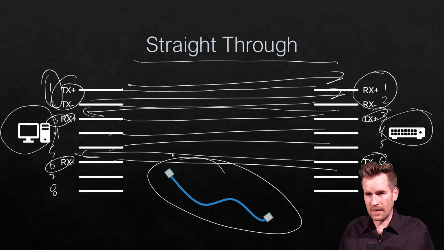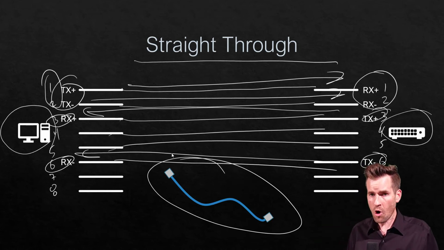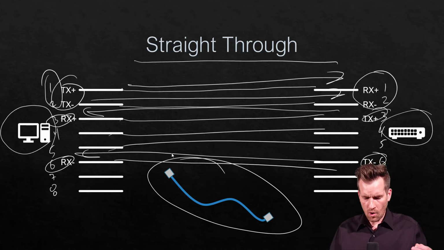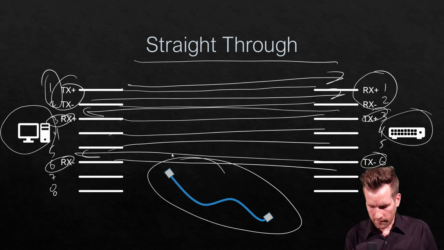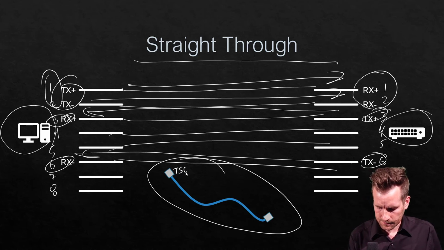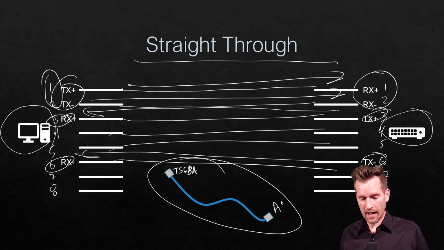We talked a little bit about our different pinouts that we have and our T568A and T568B. Which one do we use? Well, in this case, it really doesn't matter as long as we use both on the same side. So if I put a T568A on this side, I would want a T568A on that side.